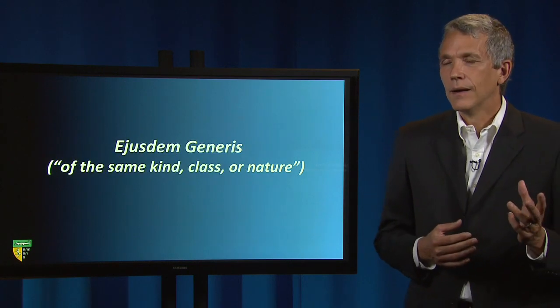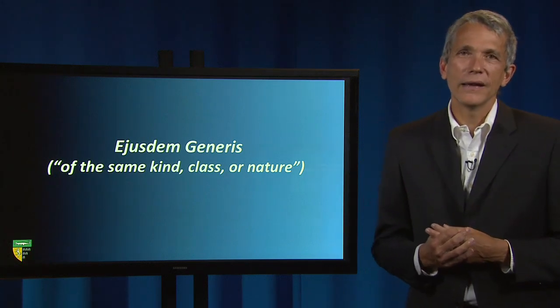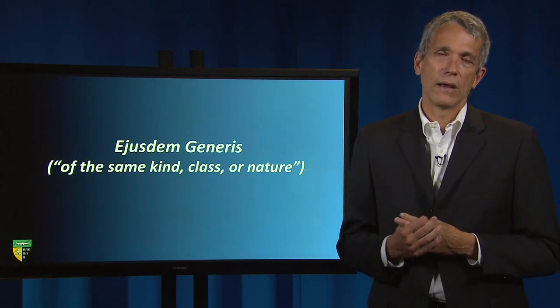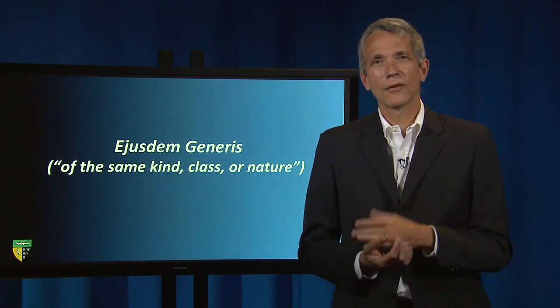The second canon of interpretation is the ejusdem generis canon, which means of the same kind, class, or nature.